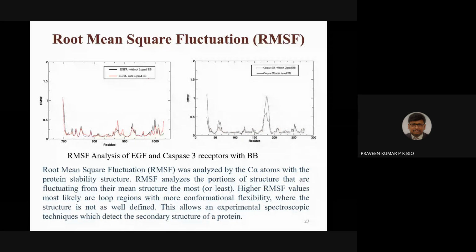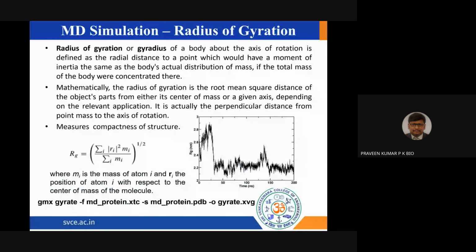With ligand, the red color, I can find it is unstable at these particular residues. So this alone I report and tell that the ligand is not binding well here. But without ligand also, the black color, you can find large peaks. So our ligand is binding effectively in these residues. Only in this residue region shown in red do you find that our ligand is not binding effectively. This is how you can infer the results from the MD simulation.